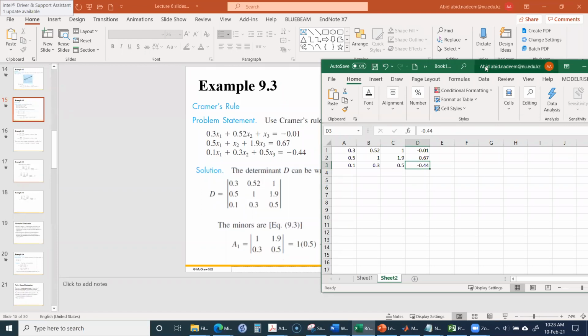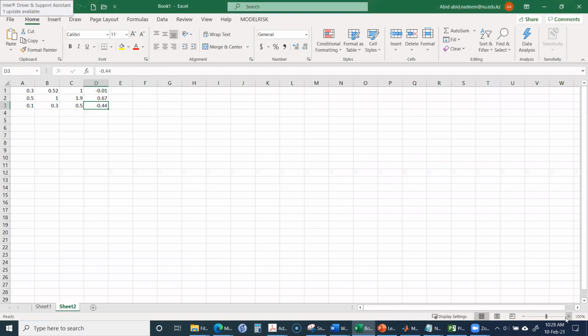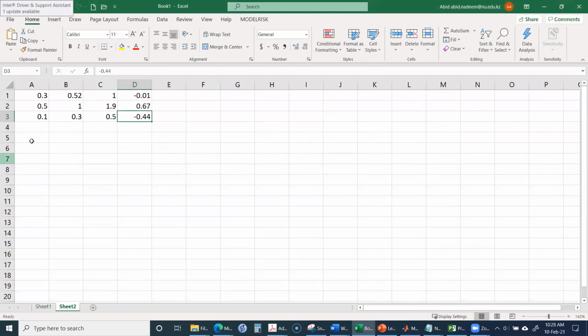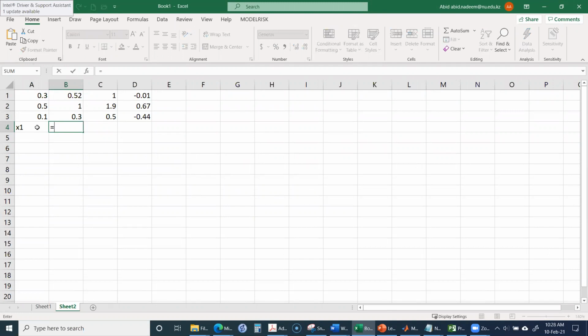Now I can represent this system. So what will be x1 for this system? x1 will be equal to a determinant. There is a command for the determinant actually, MDETERM.